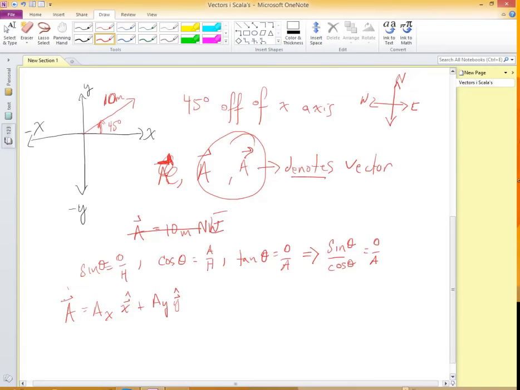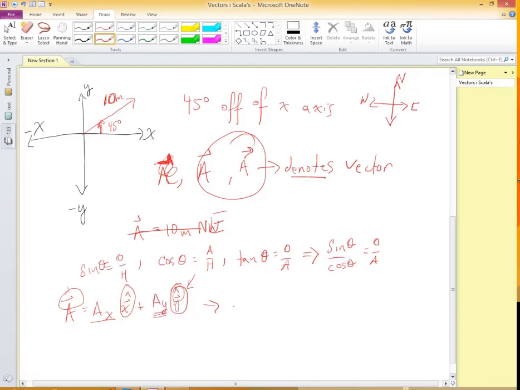And so my vector A has an x component in the x direction and a y component of magnitude in the y direction. It sounds a little redundant, and you don't have to write these little hats or anything like that. It's just something I've gotten used to over the years. But just know whenever I write this, I mean in the x direction and in the y direction.